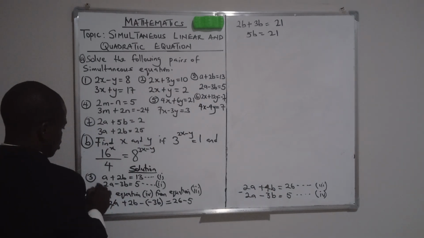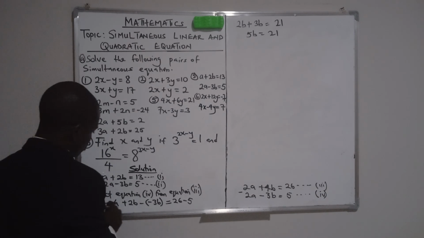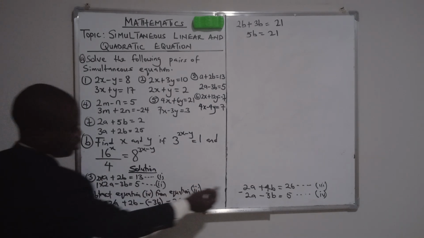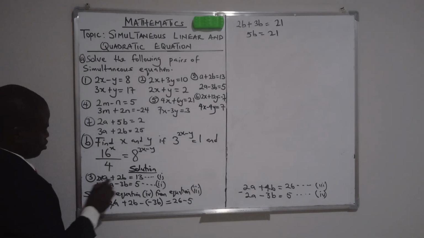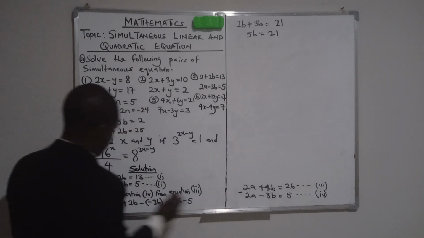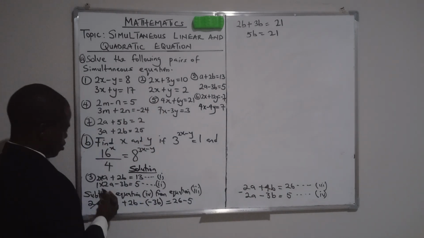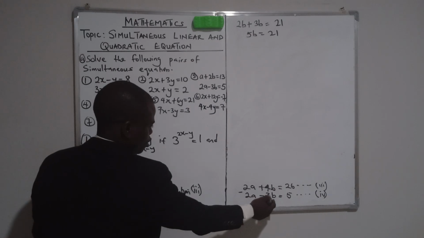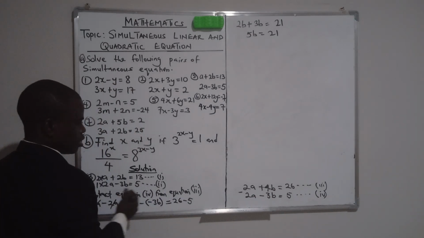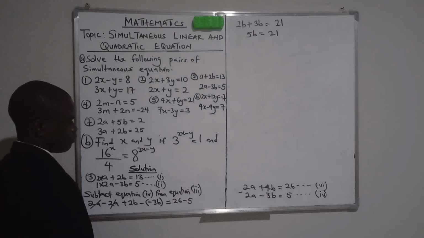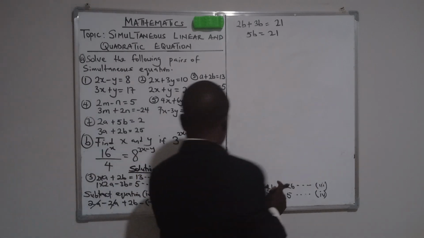When you multiply the coefficient of this by 2, coefficient of a by 1, you can see it will be 2a. 2 times 2, 4. And 2 times this, that's 26. 1 times 2a, 2a. 1 times 3, that's 3. Times 5, 5.